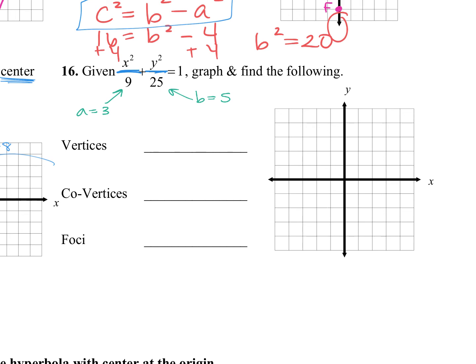For ellipses, real quick, do your vertices come from what comes first or what is bigger with ellipses? What is bigger, right? So our bigger right now comes from here. So if B is 5, then our vertices are at 0 plus or minus 5, right? So if you want to plot that 1, 2, 3, 4, 5, you can. You don't have to. Where are your co-vertices then?